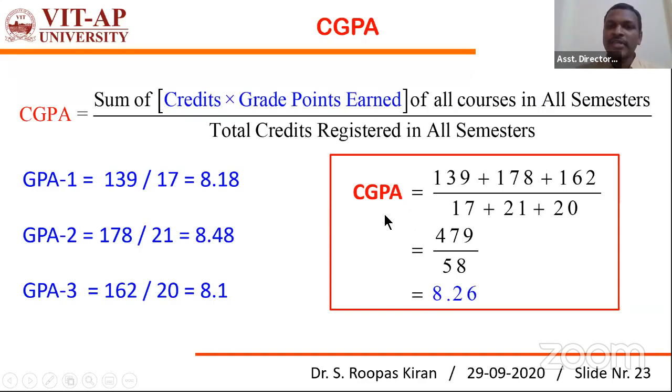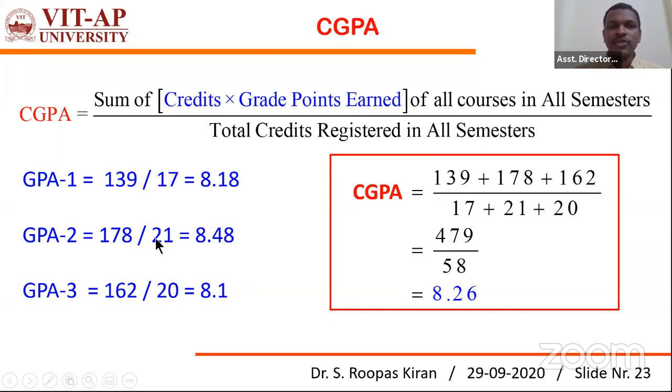Now at the end of third semester, what is your cumulative grade point average? It is not simply the average of these three, but you have to add these individual grade points and the registered credits. There can be a case where you failed one of the courses, like a 3 credit course, and you registered again and are appearing once again.